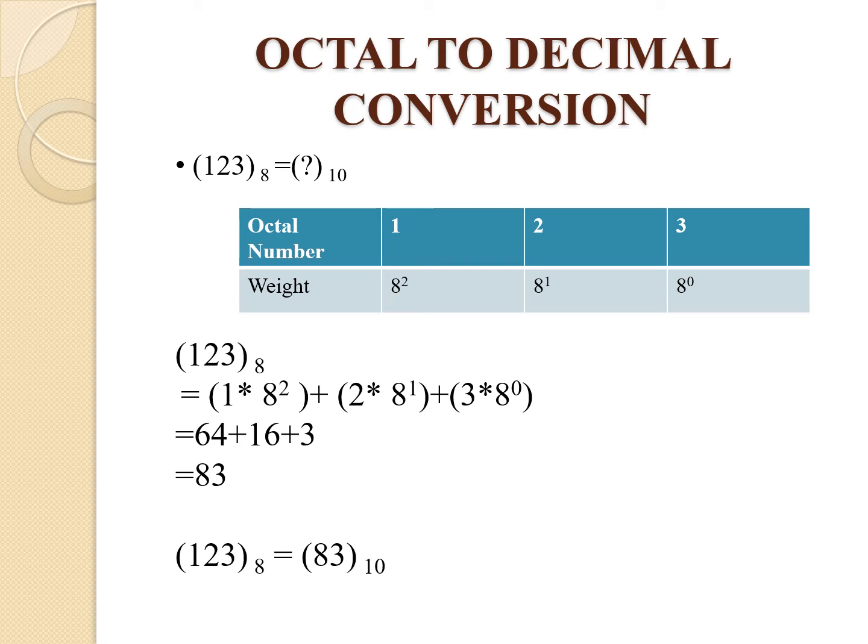Then for the 10th place 8 to the power 1, 100th place 8 to the power 2. Then again the same procedure: take the octal digit, multiply it with the corresponding weight and do the addition. So 123 in octal number system is equivalent to 83 in decimal.